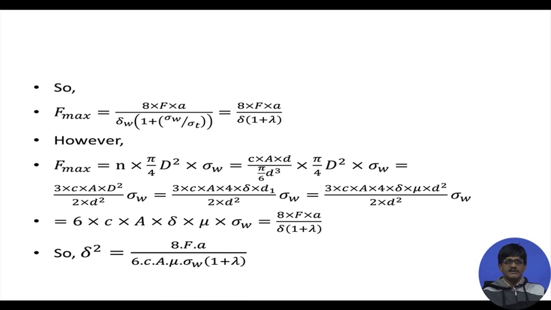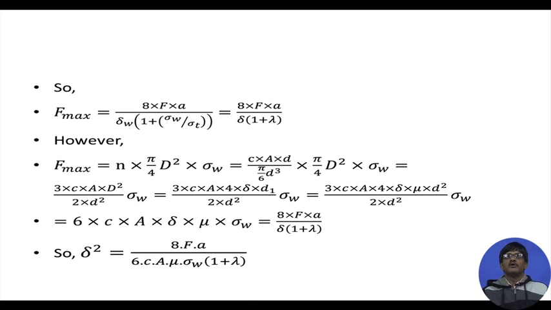So if the cross section of the tool be A, the tool surface has a cross section of A, big A, small a is the amplitude. Therefore we can say the number of abrasives must be equal to the total volume under the tool multiplied by the concentration. This is the total volume of abrasive divided by the volume of each and every abrasive, and you will get the number of abrasives.